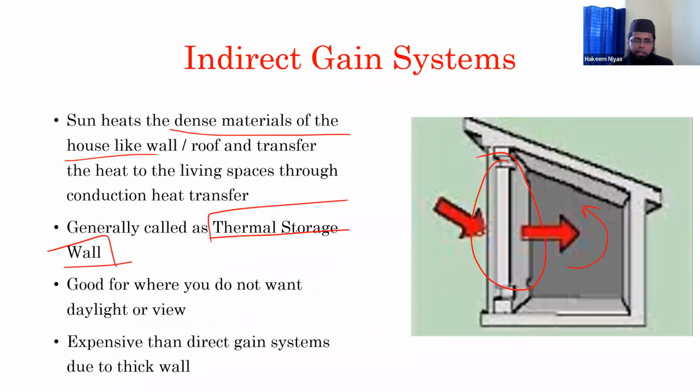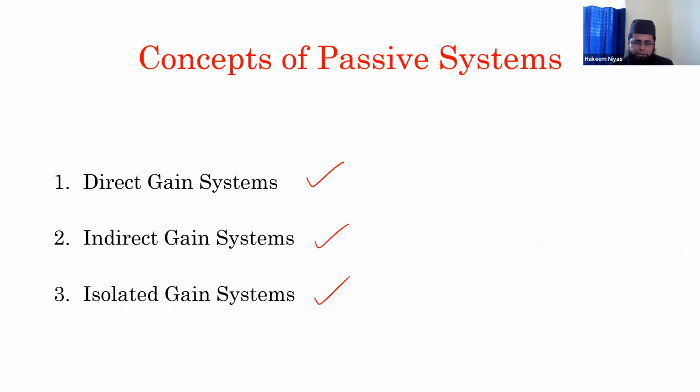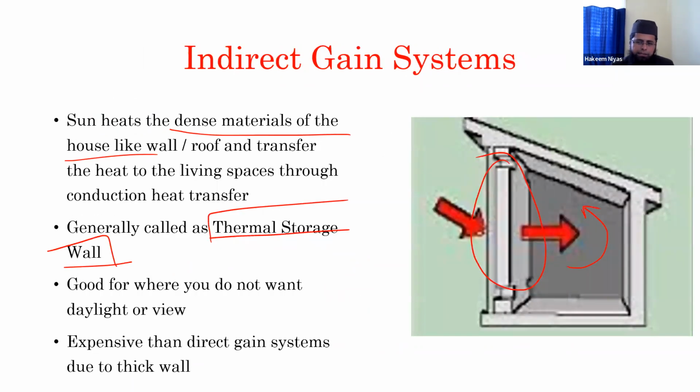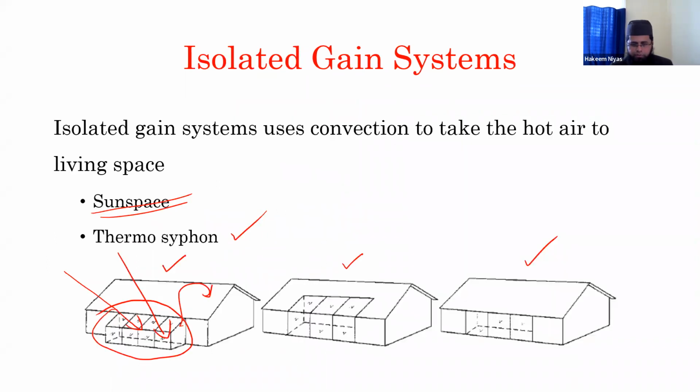So these are the three types of passive systems where no fan or pump is used. Our building is getting heated just because of our walls, the windows, and the glass.